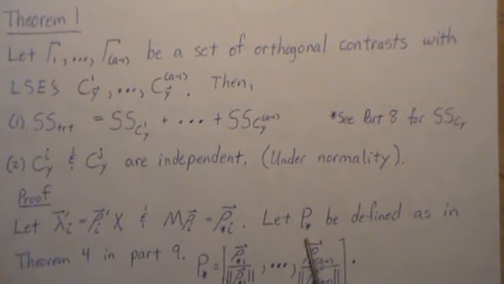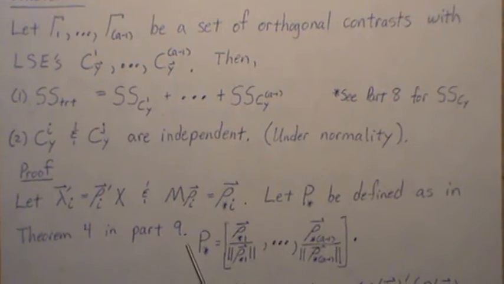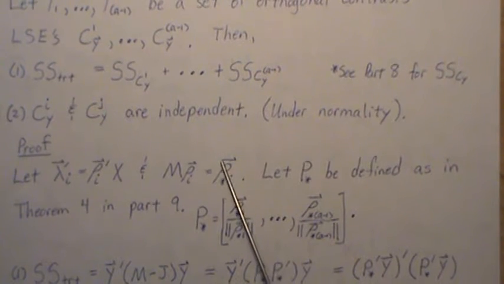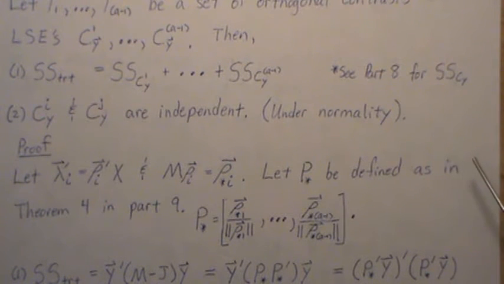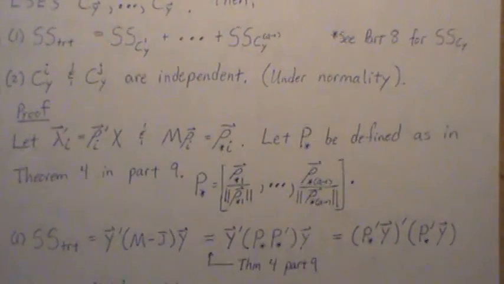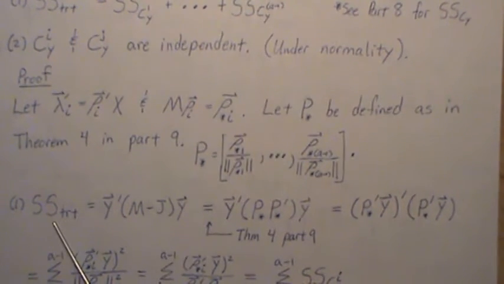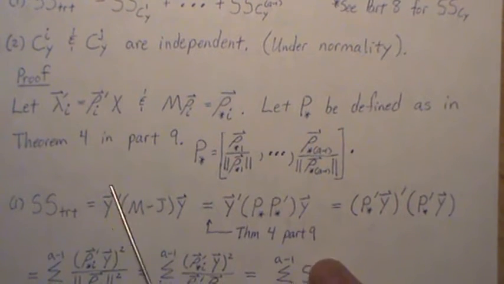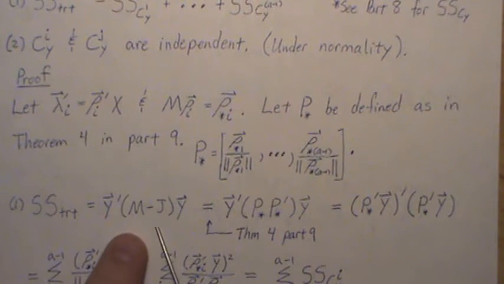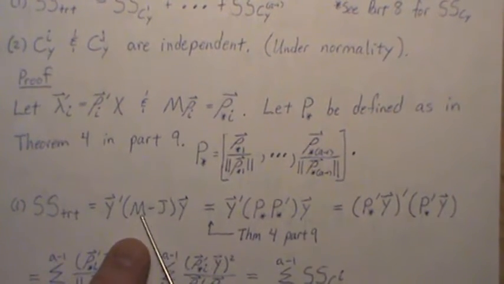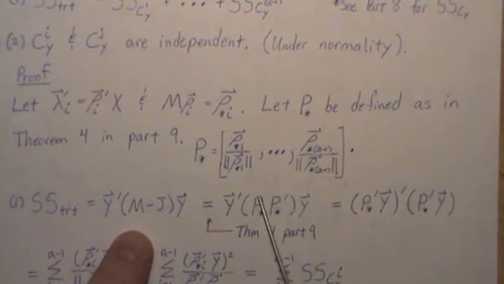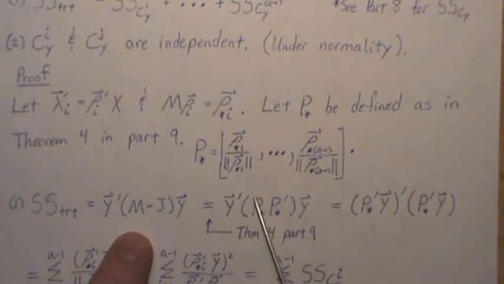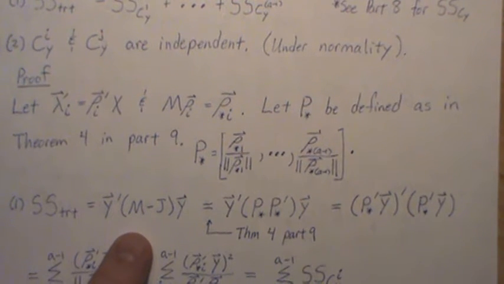Now let capital P be defined as in theorem 4 in part 9, which are these orthogonal vectors normalized, so these create an orthonormal basis for the column space of M minus J. Now, the sum of squares treatment can be written in quadratic form like this. In theorem 4 part 9, we proved that this perpendicular projection matrix is equivalent to this perpendicular projection matrix, where capital P star is defined like this.